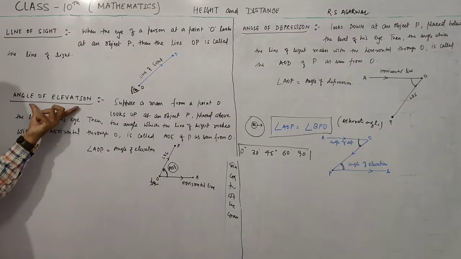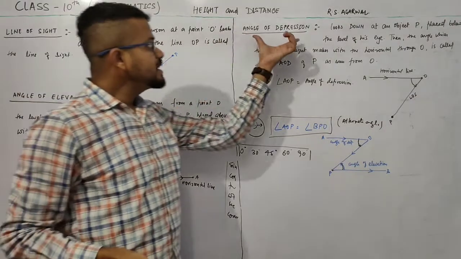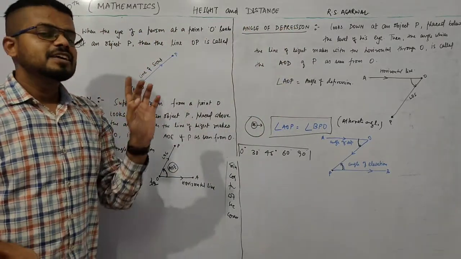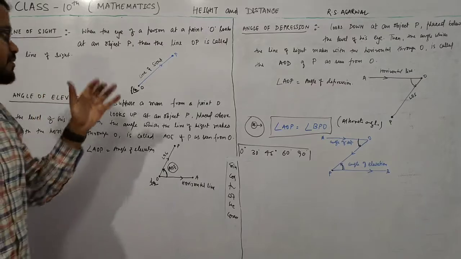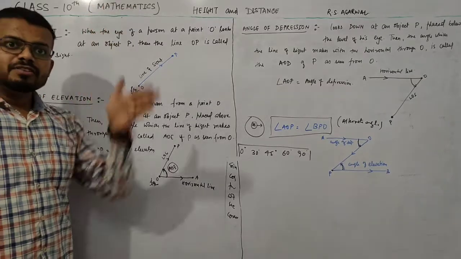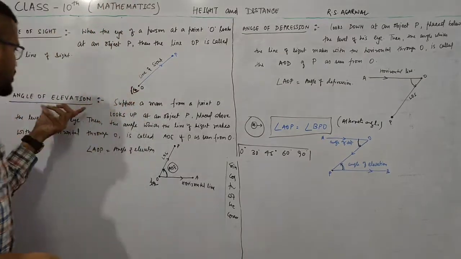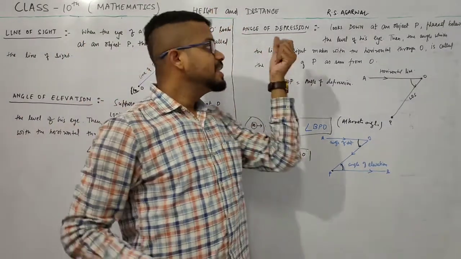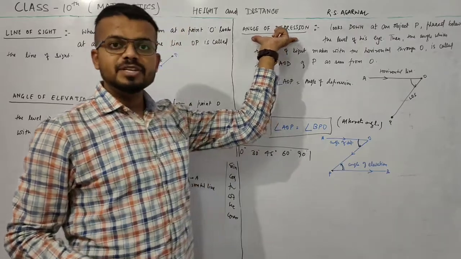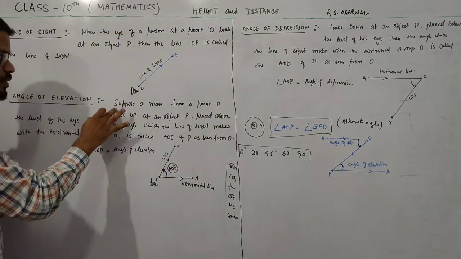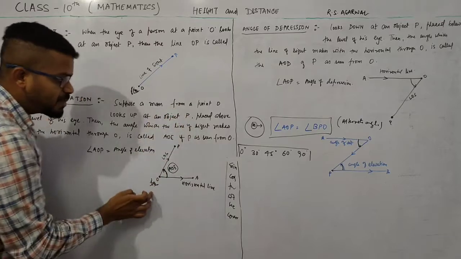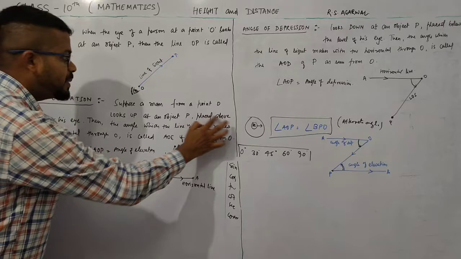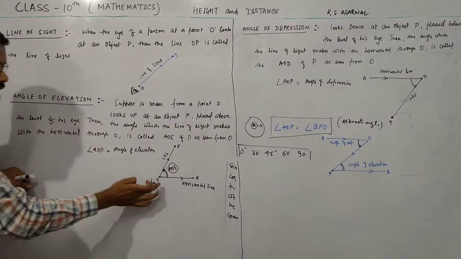Now, there are two angles. One is the angle of elevation and the other is the angle of depression. Here is the one basic difference: whenever we look up, there is always an angle of elevation. Whenever we look down, there is always an angle of depression. Suppose a man from a point O looks up at an object P placed above the level of his eye.